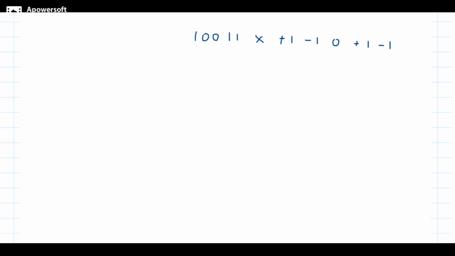Now we have to compute the partial products of these m and q.